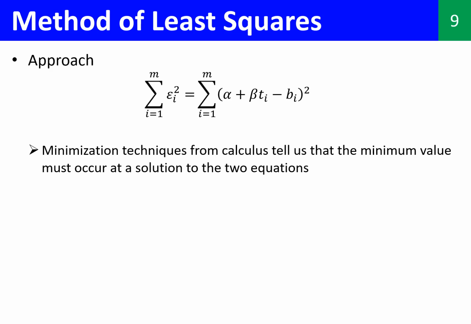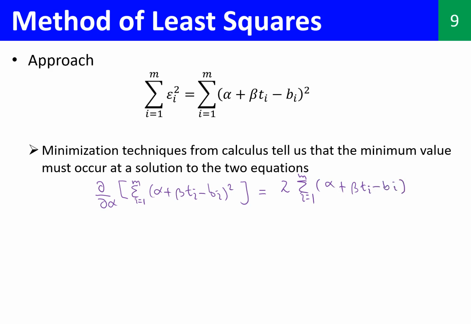So we can have two equations: the partial derivative with respect to alpha of the summation of errors, which is equal to 2 times the sum of (alpha plus beta ti minus bi). So this should be equal to 0 at a minimum.